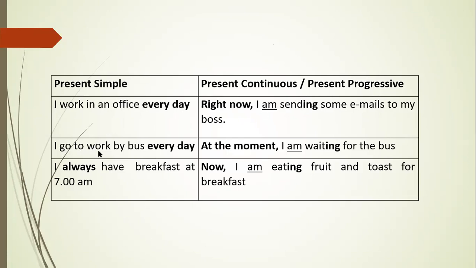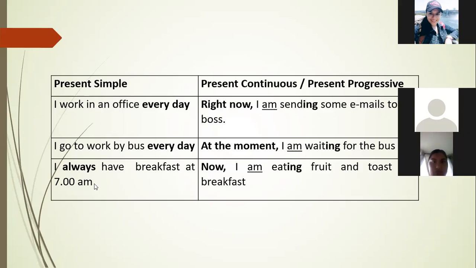Another sentence: I go to work by bus every day. This is a habit, part of my daily routine, okay? And I'm describing something that is happening at the moment. At the moment, I am waiting for the bus. I always have breakfast at 7 a.m. I'm talking about a daily routine or a habit.